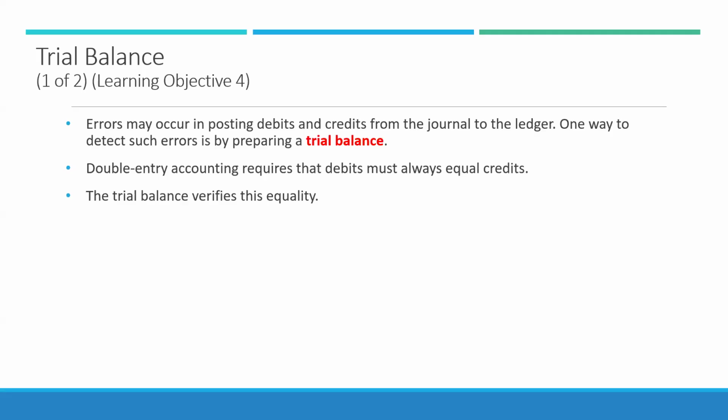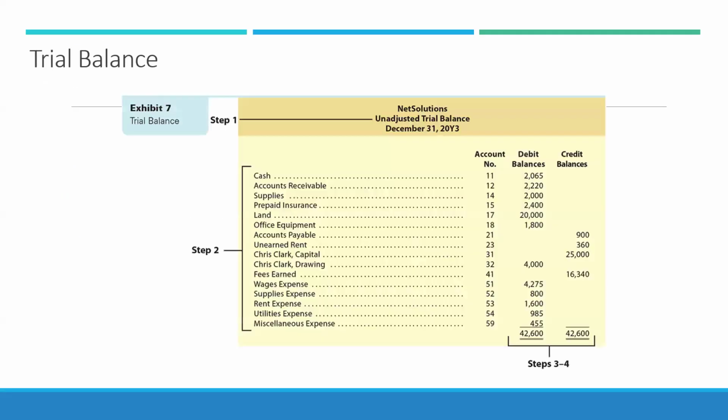Errors can occur in posting debits and credits just because you get it wrong. In software, it's not going to happen, but in human terms, it will. So this trial balance, we call it an unadjusted trial balance right now, is only a list of every account in your chart of accounts that has a balance.